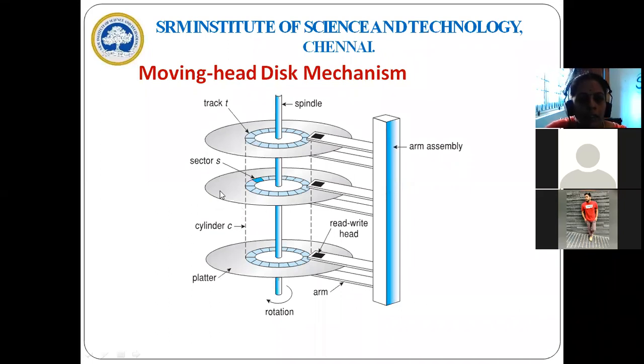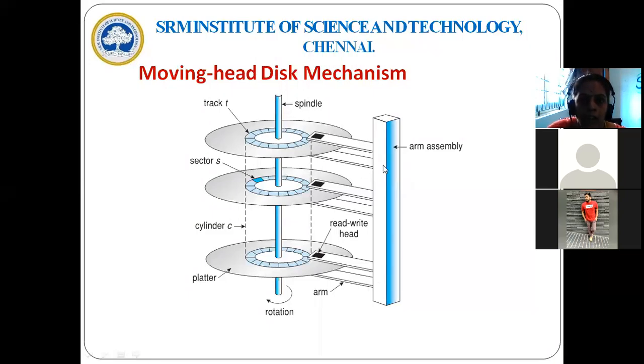Each disk is called a platter here, and that is going to be rotated, the entire thing. With the help of the arm, we can position the corresponding track and sector. So this is the basic moving head disk mechanism.